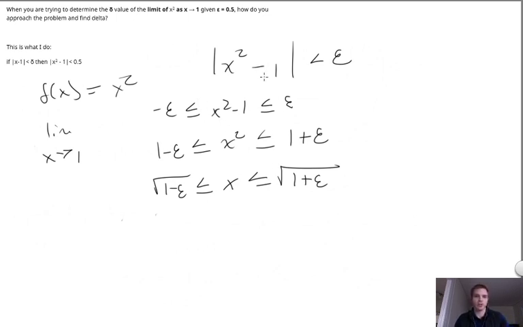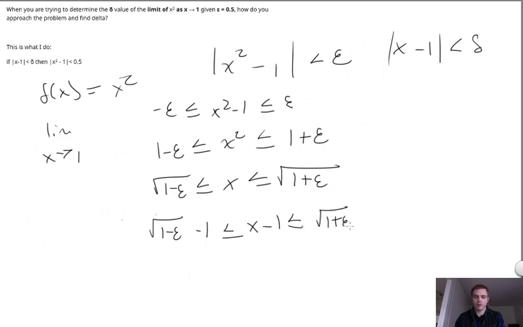And then we need this to look like x minus 1 less than delta. Oops, delta. And so we'll subtract 1 from everything. So we'll get square root of 1 minus epsilon minus 1, x minus 1, and then square root of 1 plus epsilon minus 1.